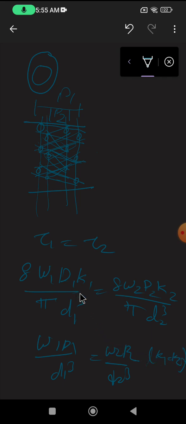If both the springs are effective throughout their working range, then their free length and the deflection are equal, so delta 1 is equal to delta 2. So 8 W1 D1 cube N1 upon G d1 raised to 4 is equal to 8 W2 D2 cube N2 upon G d2 raised to 4.